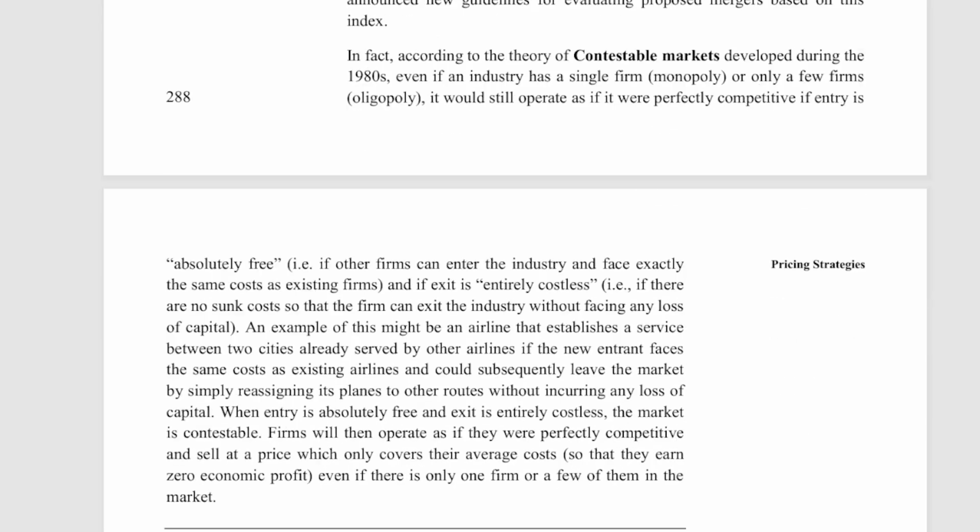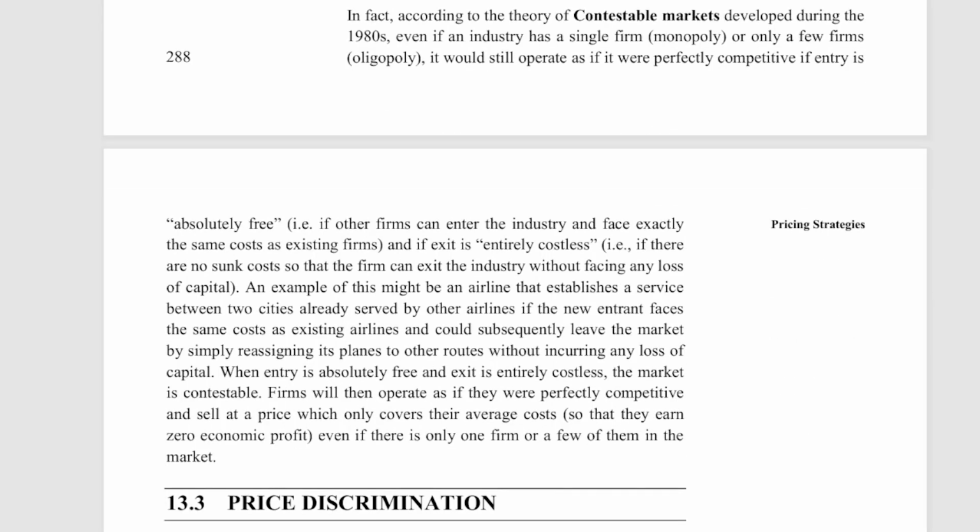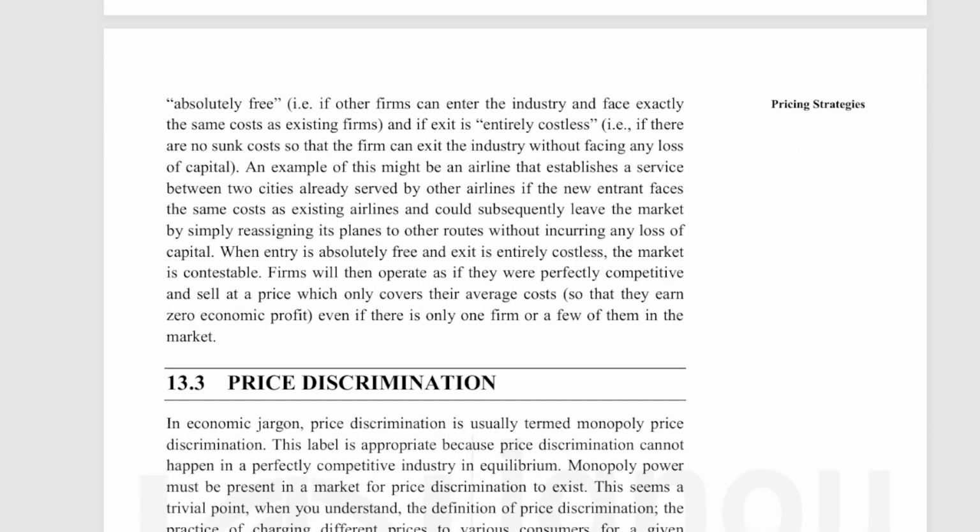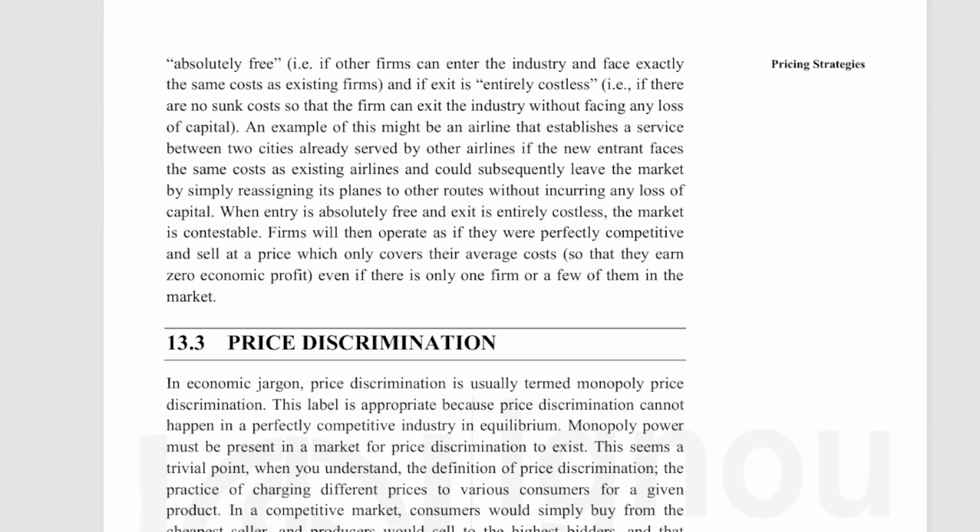In fact, according to the theory of contestable markets developed during the 1980s, even if an industry has a single firm, that is monopoly, or only a few firms, that is oligopoly, it will still operate as if it were perfectly competitive if entry is absolutely free and if exit is entirely costless.